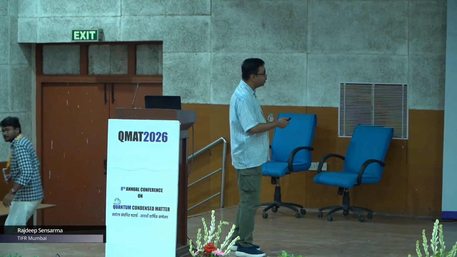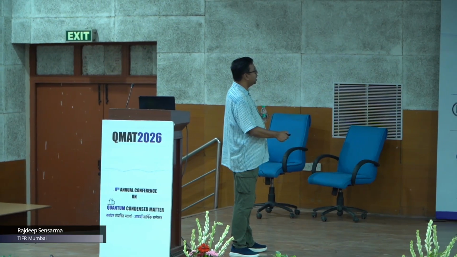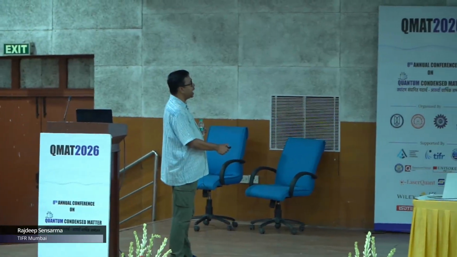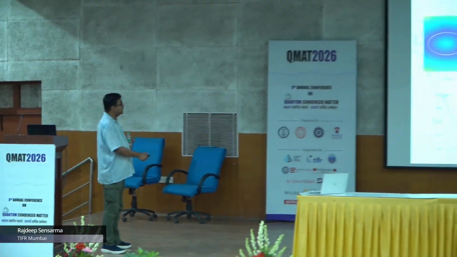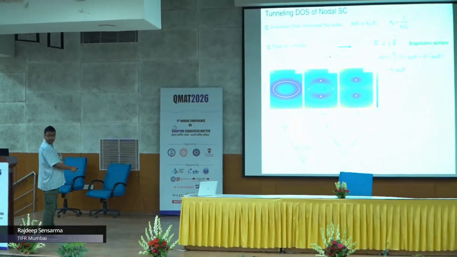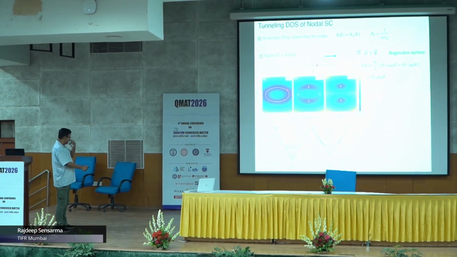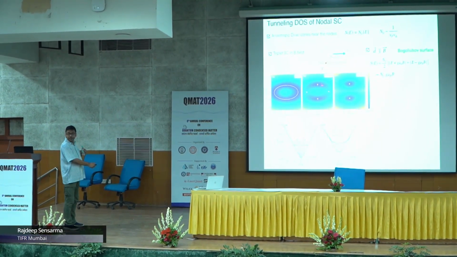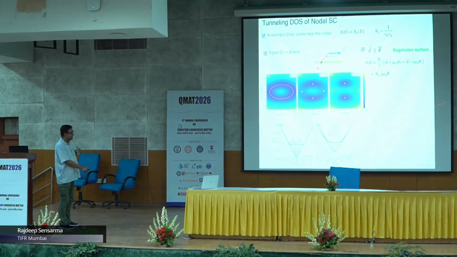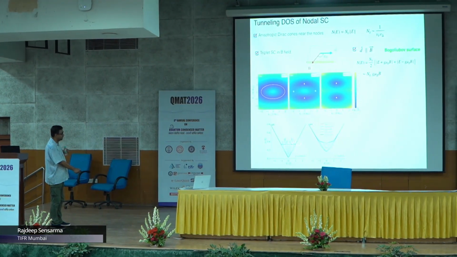So yes, I went quickly. This is what is happening when D is parallel to B. Then you get the Bogoliubov-Fermi surface, and because you get a Bogoliubov-Fermi surface, you get a constant density of states. And this is basically this red line.